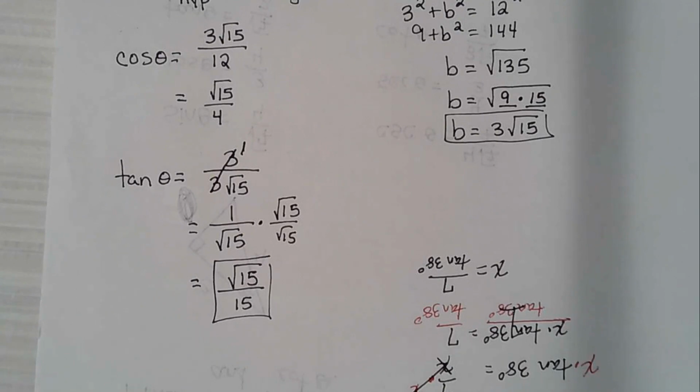I am really concerned that you understand the trig ratios and how to set those up. But I also know that I'm going to give you some IXL to practice with this. And if you don't simplify the radical, IXL is going to say you're flat out wrong, even though you might have done the trig part correctly. Okay?